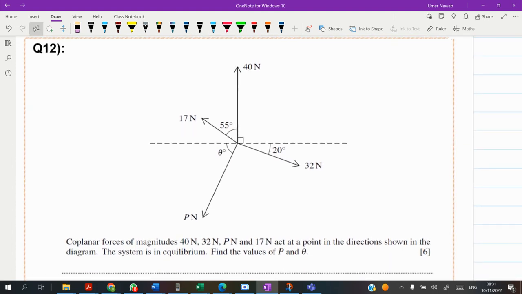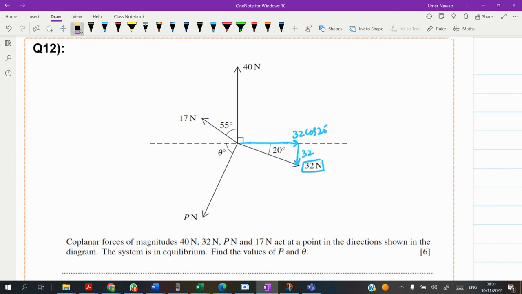Last question, number 12. Again, the system is in equilibrium. We need to resolve it. This is our x component, 32 cosine of 20 degrees for the 32, and this is the y component.